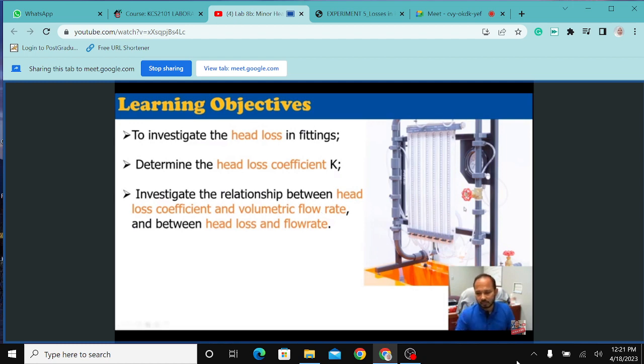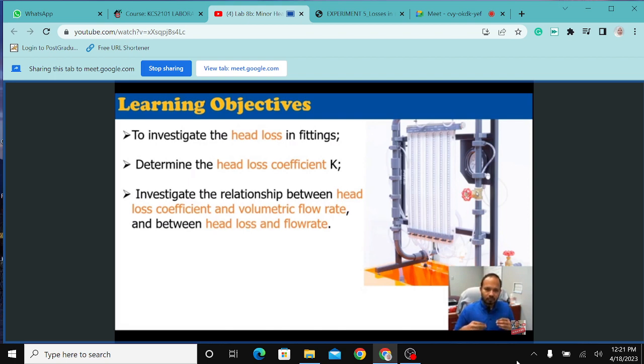For example, in this equipment you have long bends, enlargement, contraction, small bends, and then you have a miter bend, and you have a gate valve. This kind of fittings can cause head loss, and these are the minor head losses. So we're going to investigate the minor head loss in those fittings.